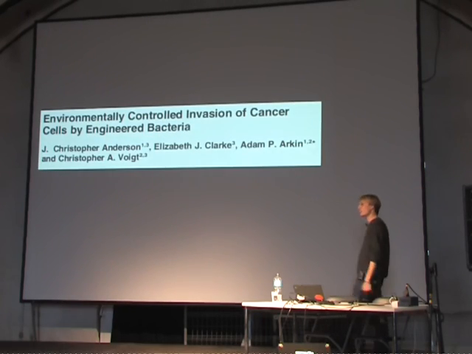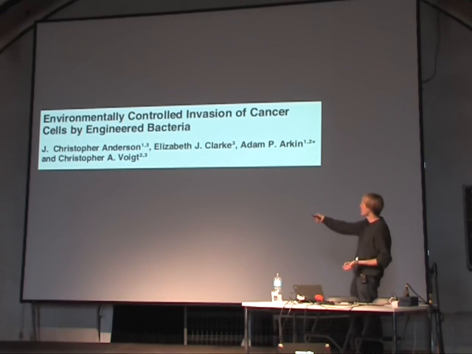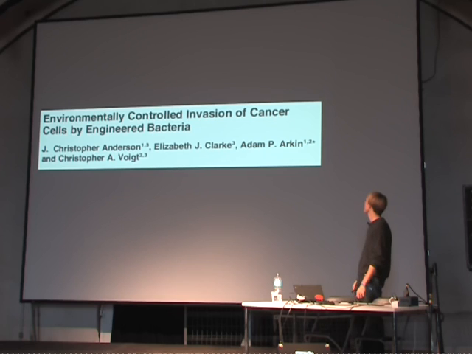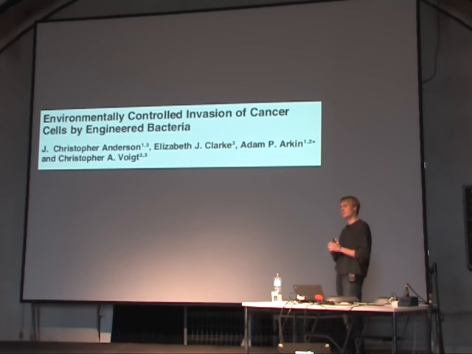You can make cancer-killing bacteria. This is a project by Anderson out of UC Berkeley, and these bacteria were modified to detect when they're near cancer and detect when there are enough of them near cancer, and then actually invade the cancer and start killing it.